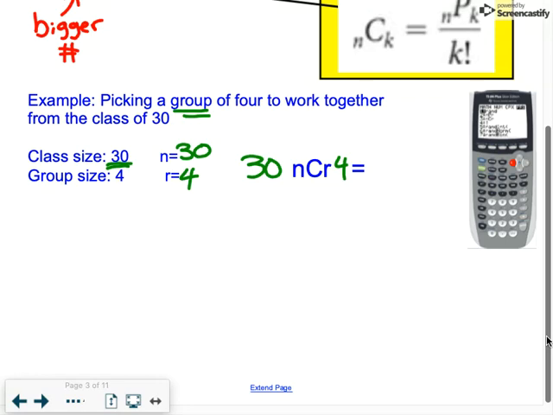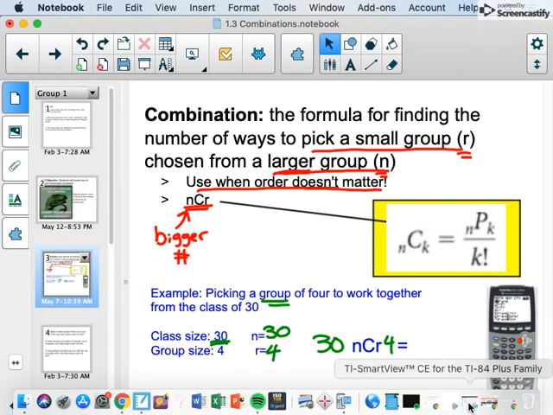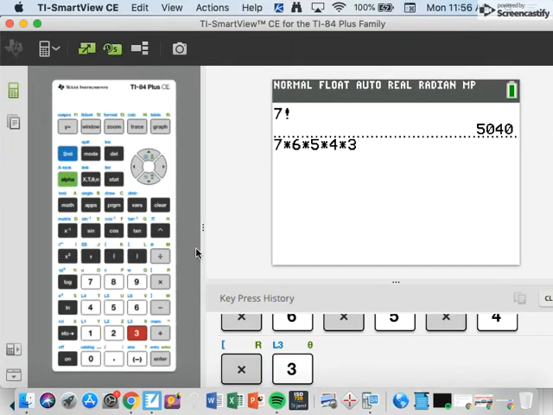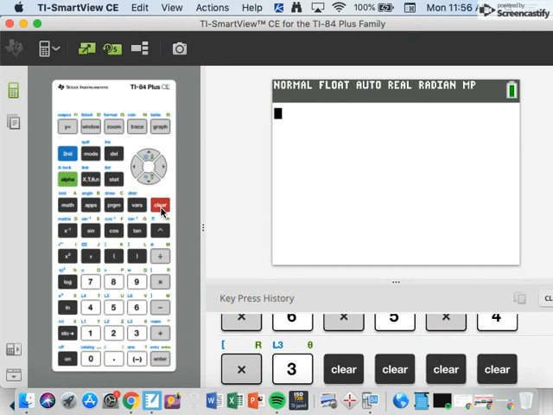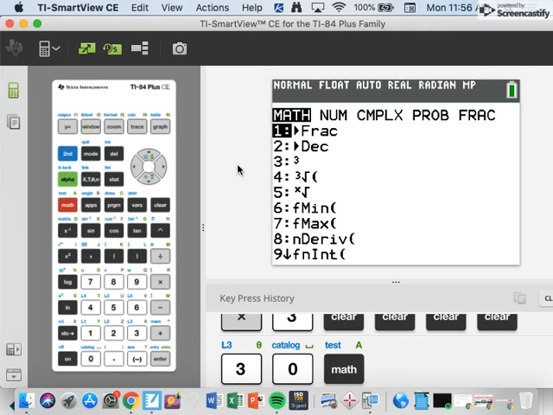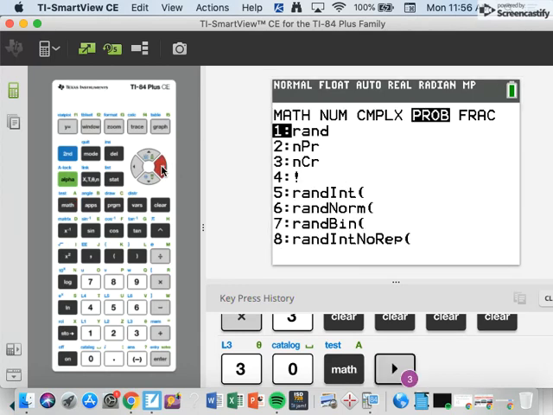I'm going to show us real quick on our calculator. I'll clear this out. We have to type in 30 first, then hit math, and arrow over to probability.